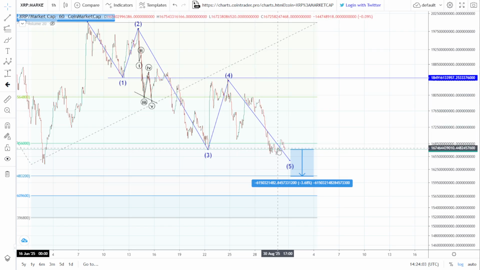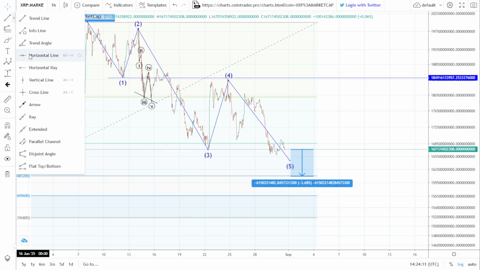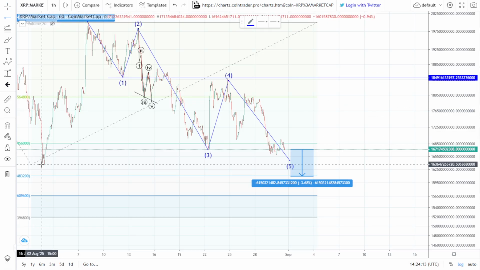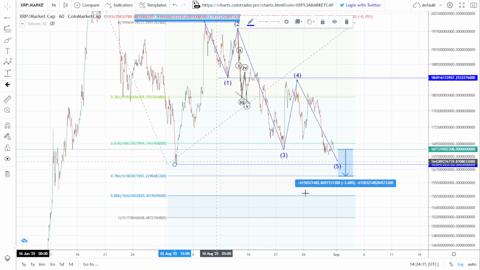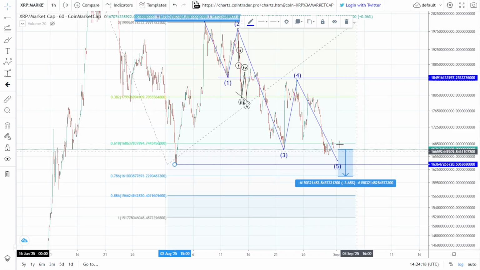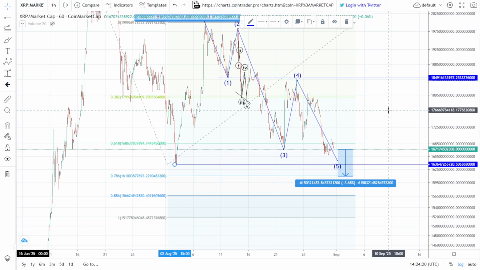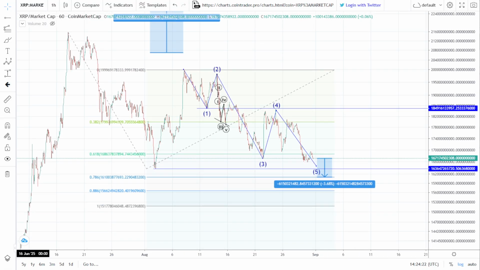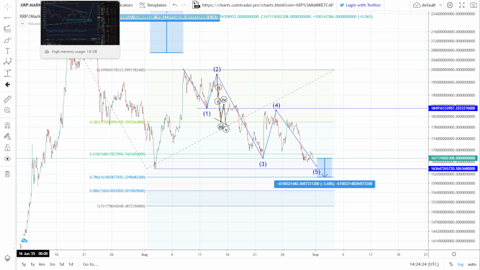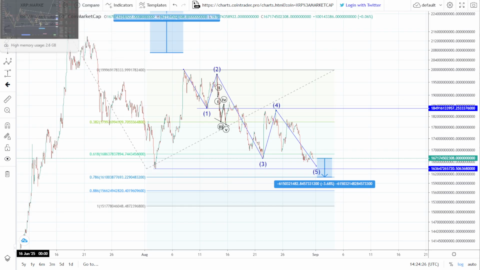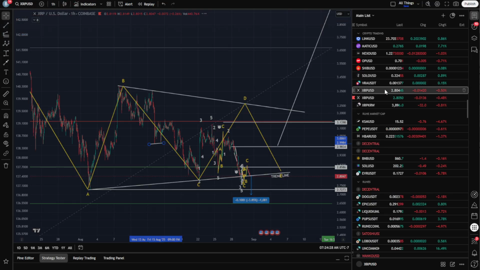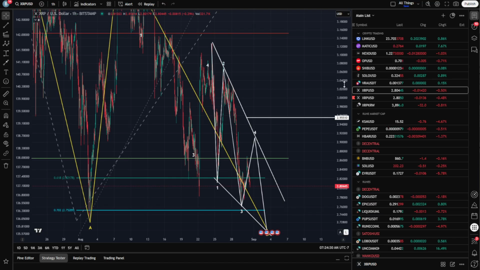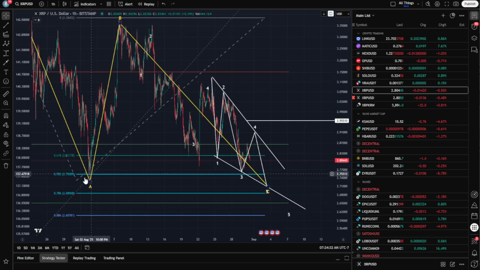Now we've done an ABC up, and this final leg is expected to pull down and go below this level over here for the market cap, ultimately giving us the situation where this is in fact a larger ABC correction on the market cap chart, which then would be the second scenario that we've been talking about, where we would actually have this ABC play out, and we would set one more low below this level of supply.